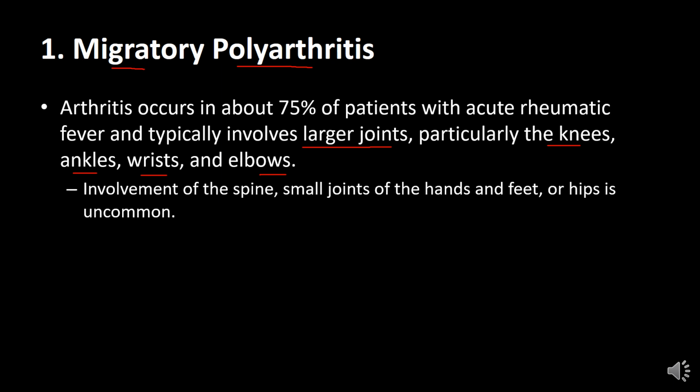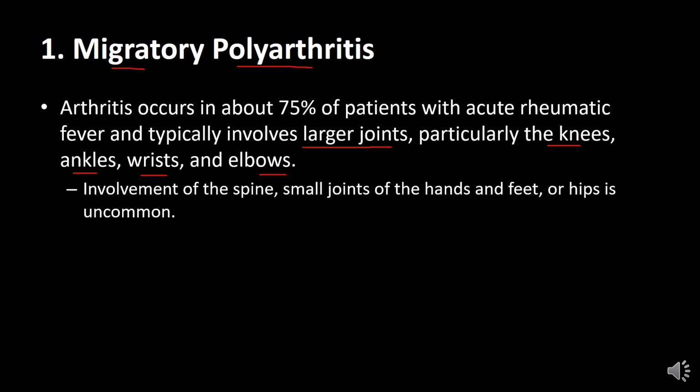So the arthritis of rheumatic fever does not affect one joint. And if you remember from our very first statement defining acute rheumatic fever, we said it is a non-suppurative inflammation. So the joints will not be containing pus.